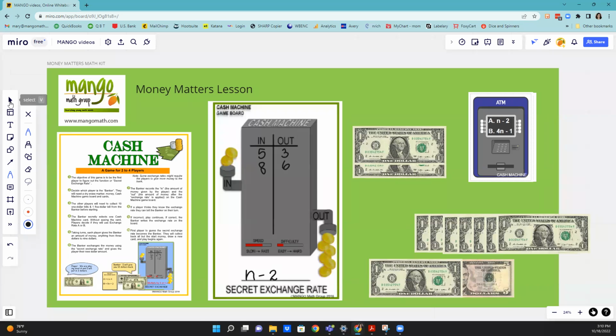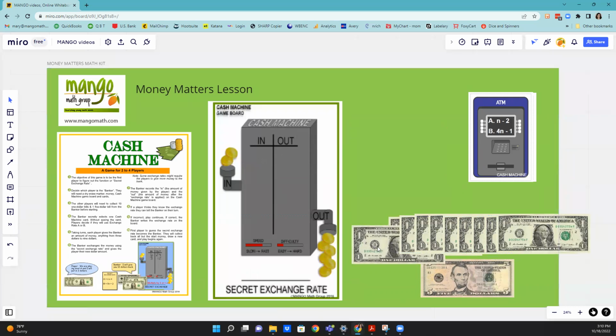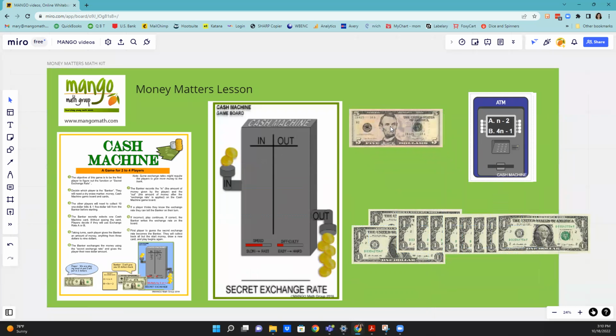Now the more advanced version gets a little bit more tricky. We're still going to keep our dollar amounts here. This time, let's say a player puts in the $5 that they have, because they're always going to start back at that $15.